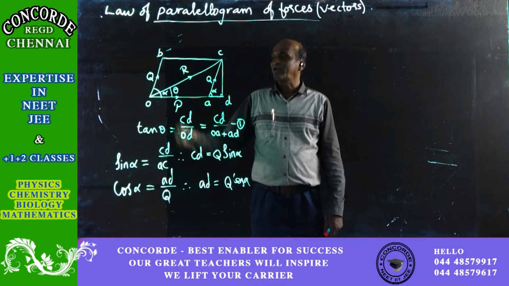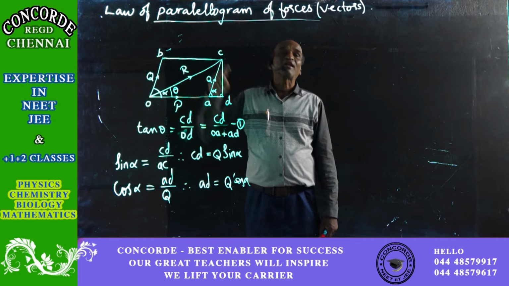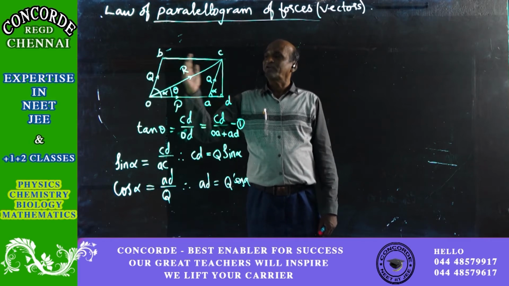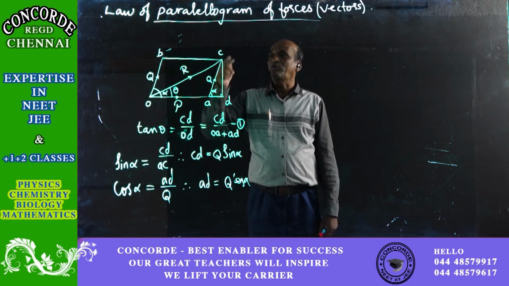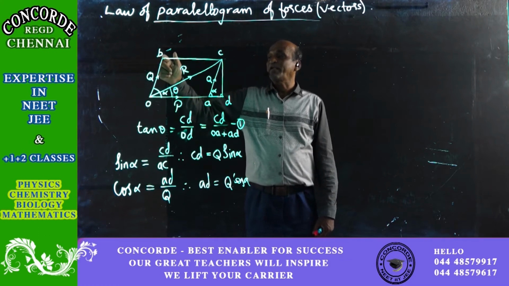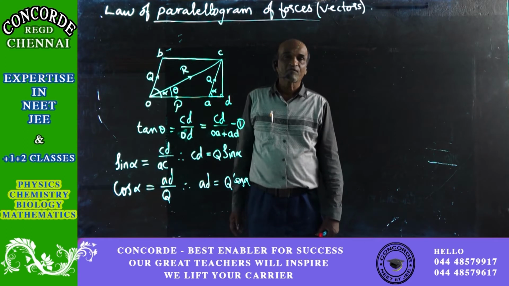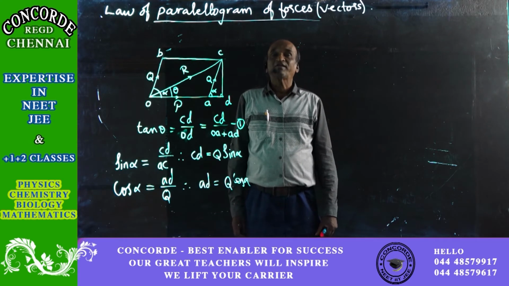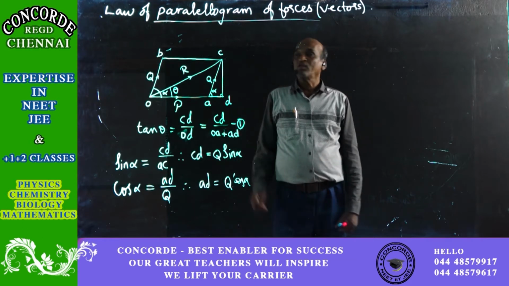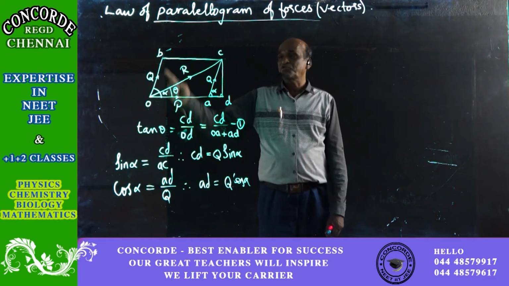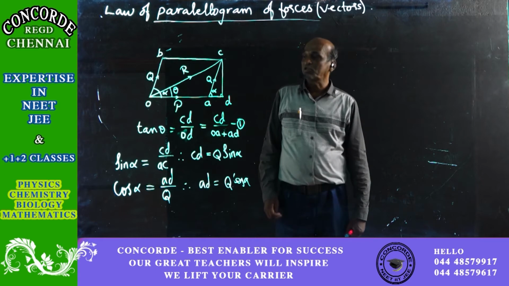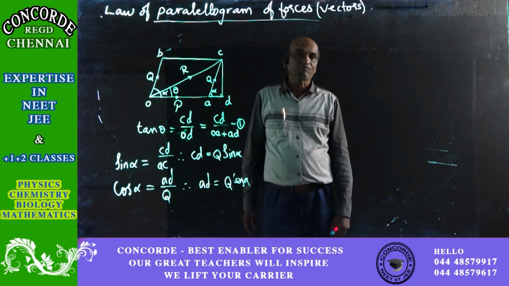In the same manner, for the line OB, the opposite side will be the same. So, CA will be equal to BO or OB will be equal to AC. Not only that, they will also be parallel to one another. It means that the vector Q that is shown by OB can also be shown by AC.